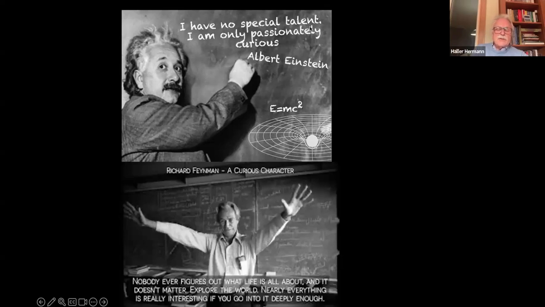And it doesn't matter. Explore the world. Nearly everything is really interesting if you go into it deeply enough. By the way, Elon Musk should read his books because he was the one who figured out the rocket problem just with his mind and thinking about it.